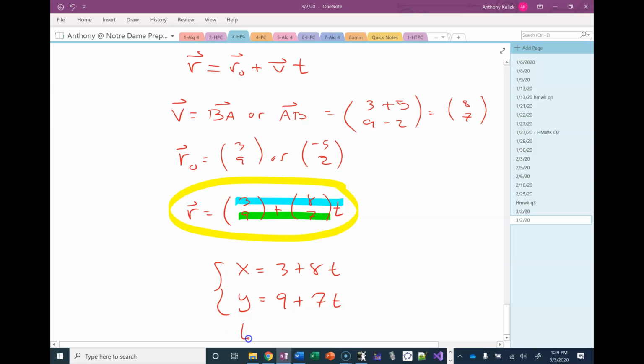We need one more thing. What's the interval for the parameter? What are we parameterizing?